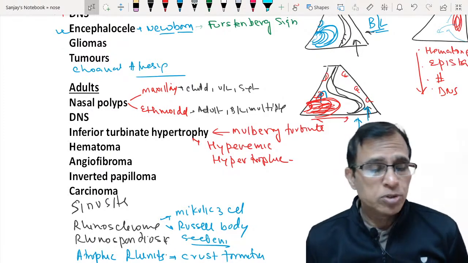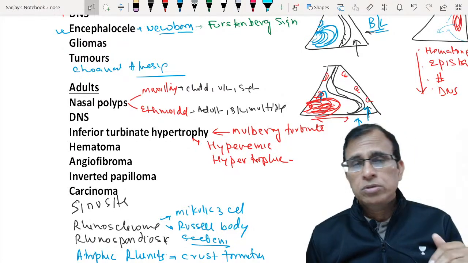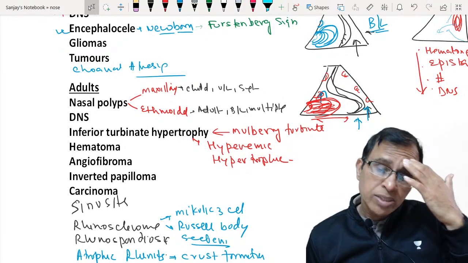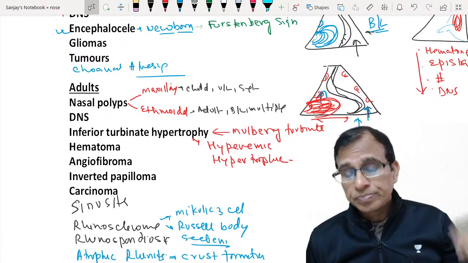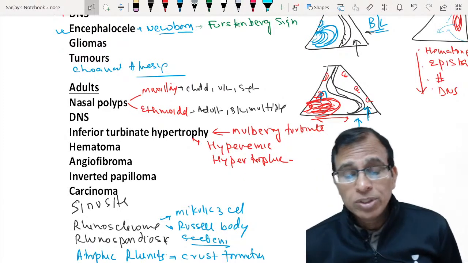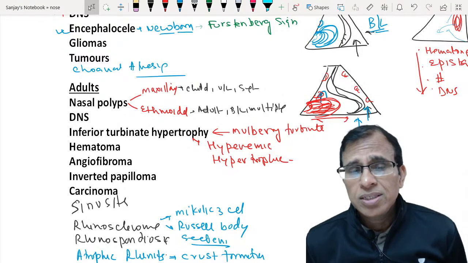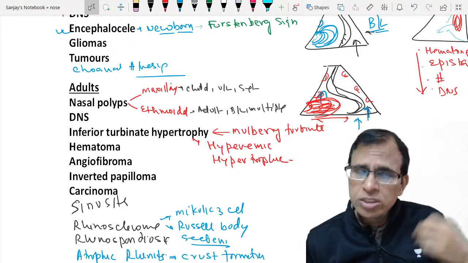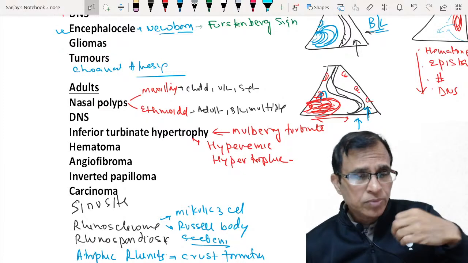Now, how do you diagnose? Suppose a child has unilateral choanal atresia. The child has been breathing from one side, so most of the time we will not know that the child has a problem. So what do you do? One of the things is that when the child has a nasal discharge from one side, there will be more discharge because it is not going back, it's coming out.